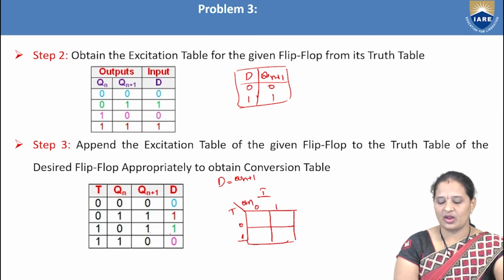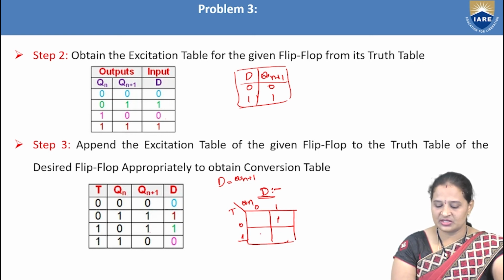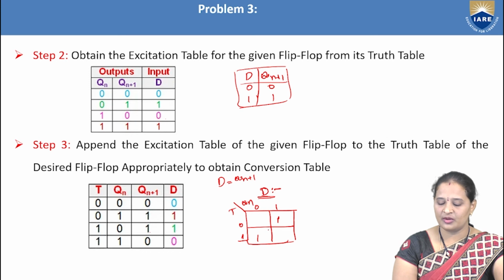This is for D. So it becomes 1 when T is 0 and QN is 1. Next, when T is 1 and QN is 0, it is 1. So can we group these two together? No, I have to consider them singly.